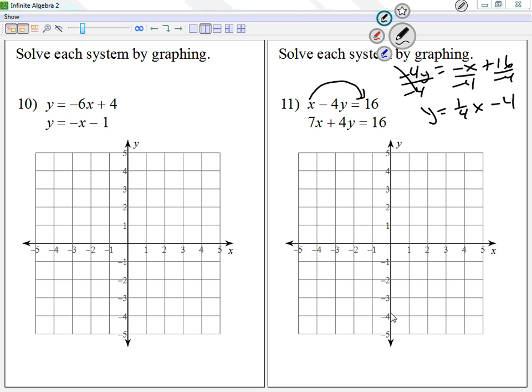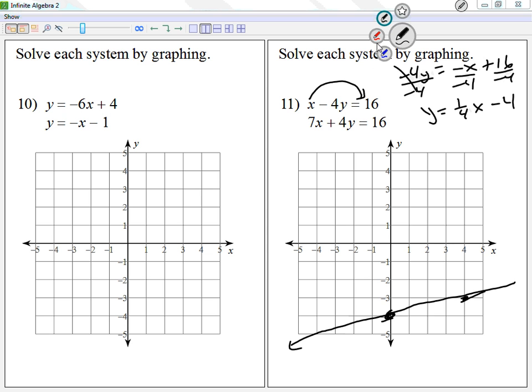So I start at negative 4. My slope says go up 1 over 4. So up 1 over 4. Do the best on your line.